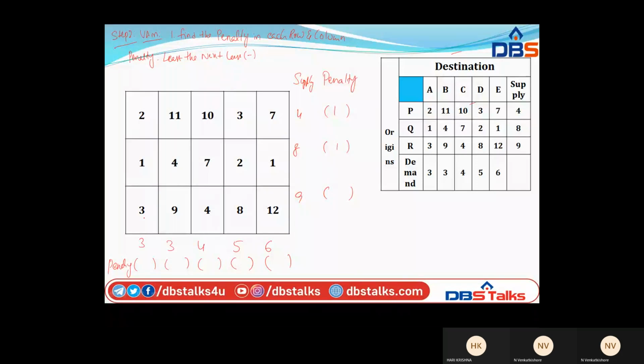What is the least value here? 3, 4, 1. And next here 2, 1, 1, 4 plus 9, 7 minus 4, that is 3. 3 minus 2, 1, and the last one 1 minus 7.